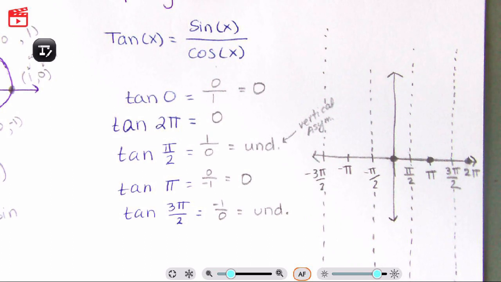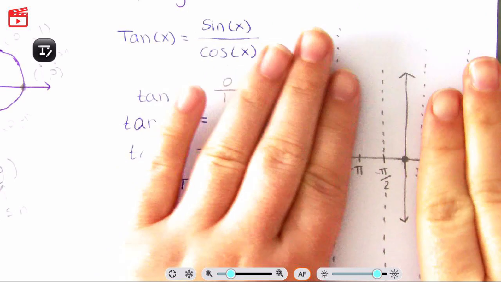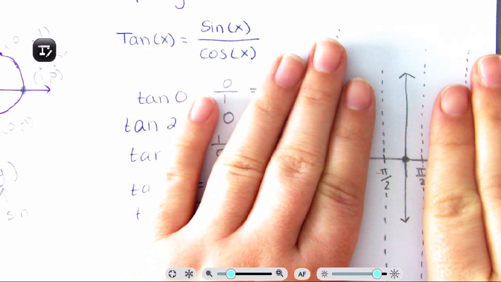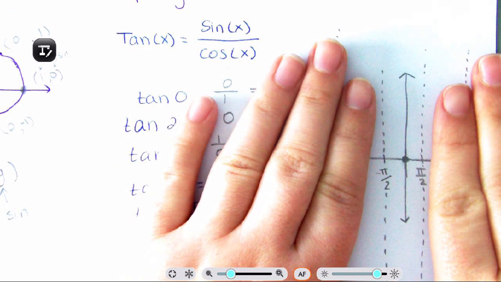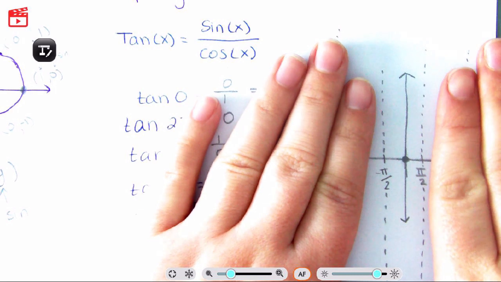Whenever you're graphing tangent, you're typically going to be working with positive and negative values. Typically you're going to see a positive pi halves and a negative pi halves because we have the origin in there and it's a little bit easier for us to graph. So that's another difference from graphing sine and cosine.